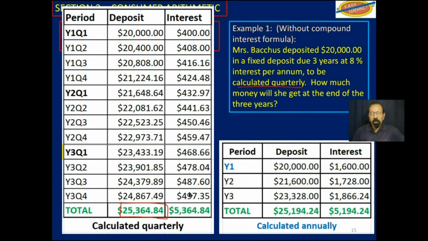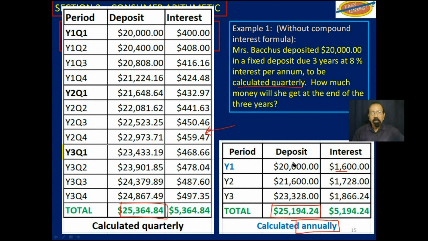Now, if it were calculated annually, at the end of the first year, that would be $1,600, second and third year. And so she would get $25,194.24. It's just a matter that this one on the left here, the interest was calculated quarterly, compounded.